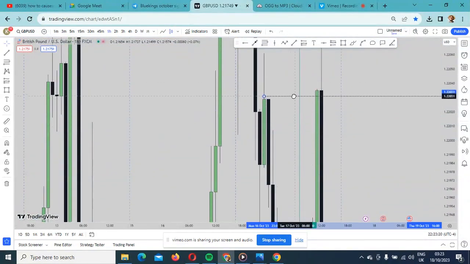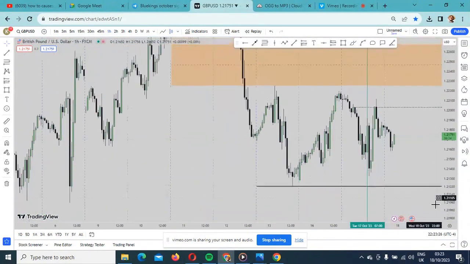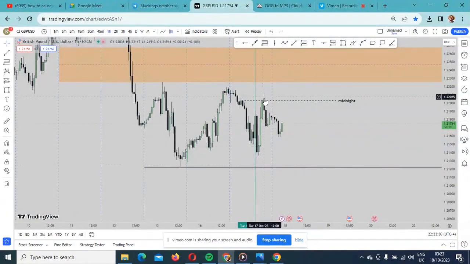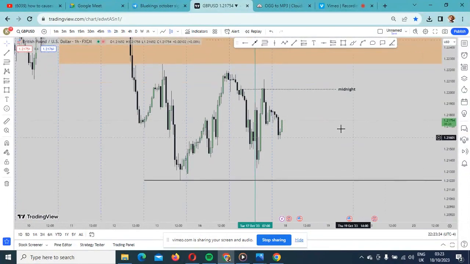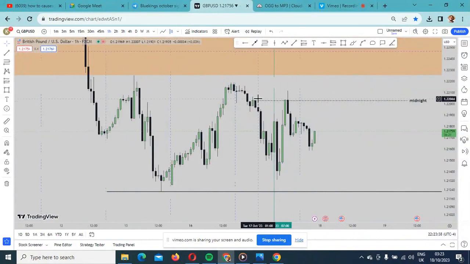This is a solid magnet, meaning no matter how bearish price might look, no matter how the trend might look like it's going down, price will revisit this. Experience has taught me this. I don't know if ST has talked about this, but I've seen this happen over and over again. If this has remained untouched, then trust me, price must find its way right here. If it does not happen that day, it must happen the next day. But price must find its way right there.